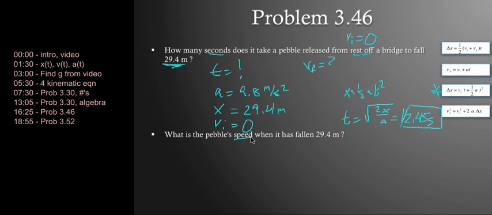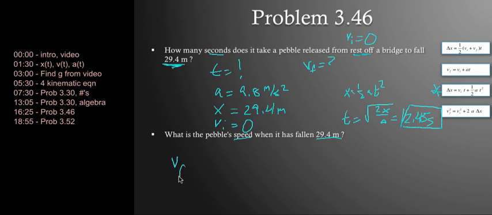But now we want to know what is the pebble's speed after it's fallen this distance. So there's a couple ways that we can do this, because now we know everything except for v final. So we can pick any of these equations that have v final in it. We could pick this one because we know the distance, v initial, t. We know this one, but I'd like to do one that doesn't have any quadratics.